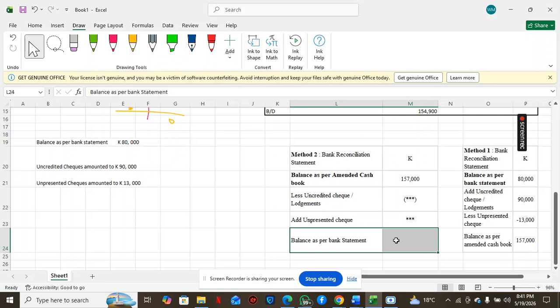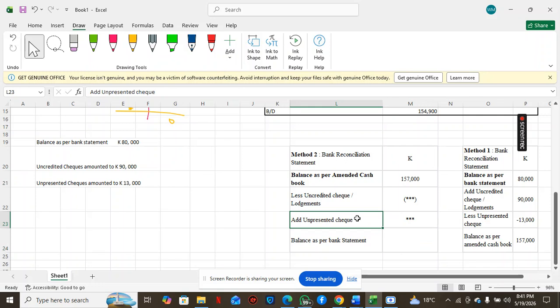Now, with this method, as I said, you are working in reverse. So any uncredited checks, you need to subtract them. Here, the uncredited checks, which is money coming in, you need to reverse that by subtracting. And any unpresented checks, which are the payments, you need to add them.